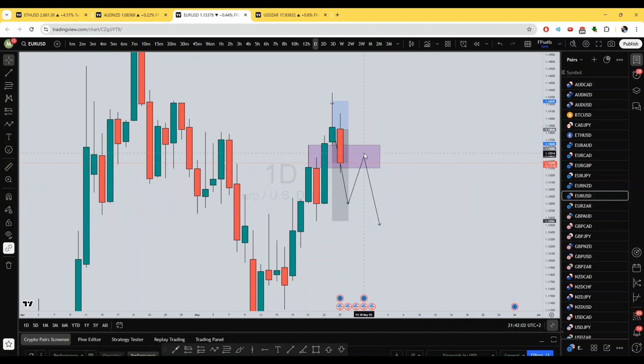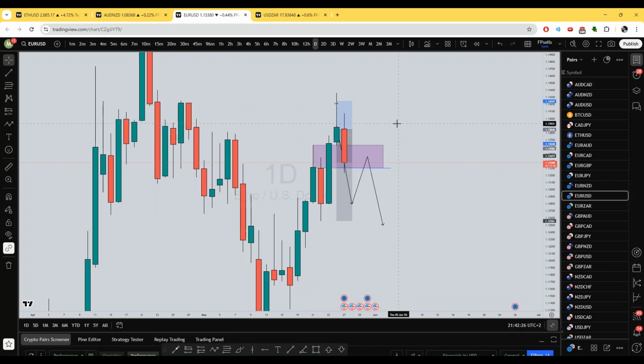But for now, the ideal situation would be if we can get a market close below this level here. If this current candle closes below that, this would be the best case scenario.